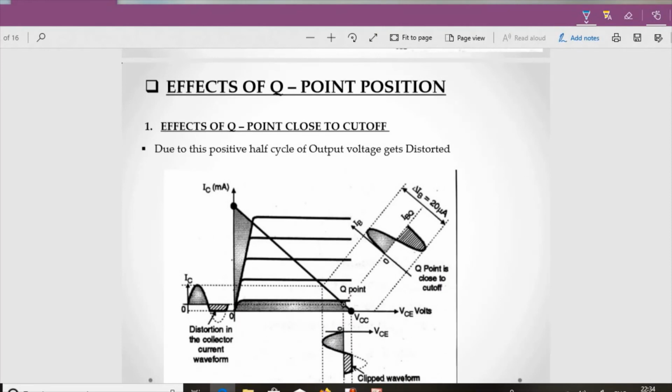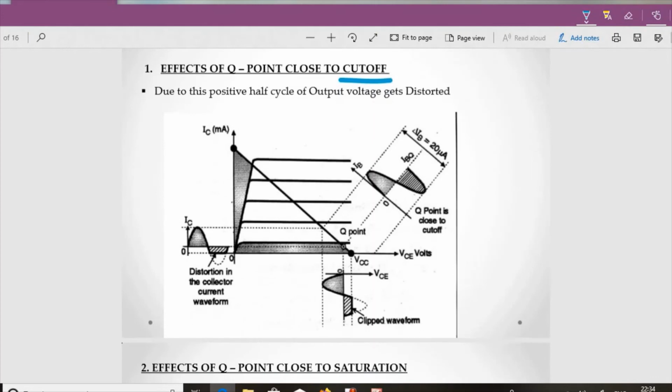Now we will understand the effects of the Q point position. We have already discussed two points: it should not be near the cutoff region, nor near the saturation region. First we are discussing the cutoff region. You can see that this Q point is in the cutoff region.